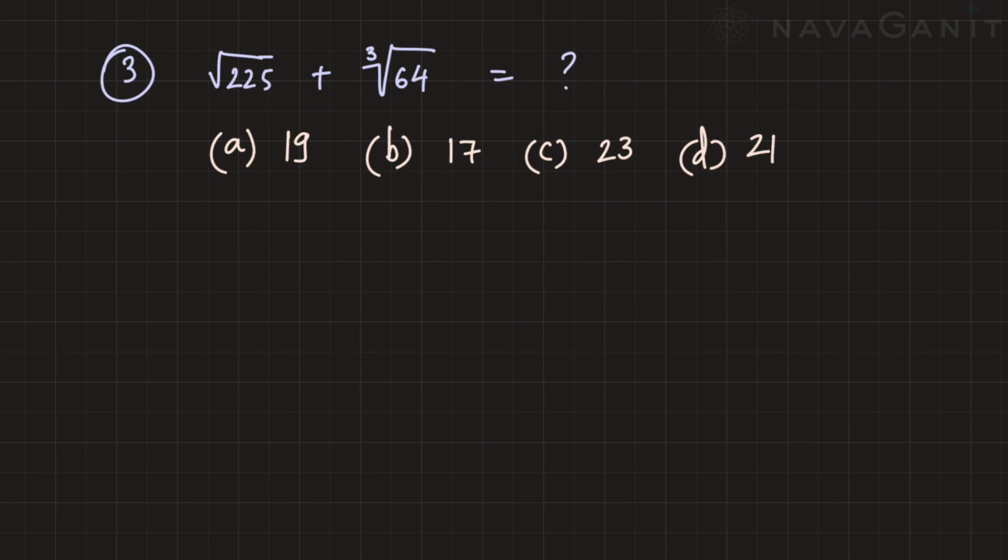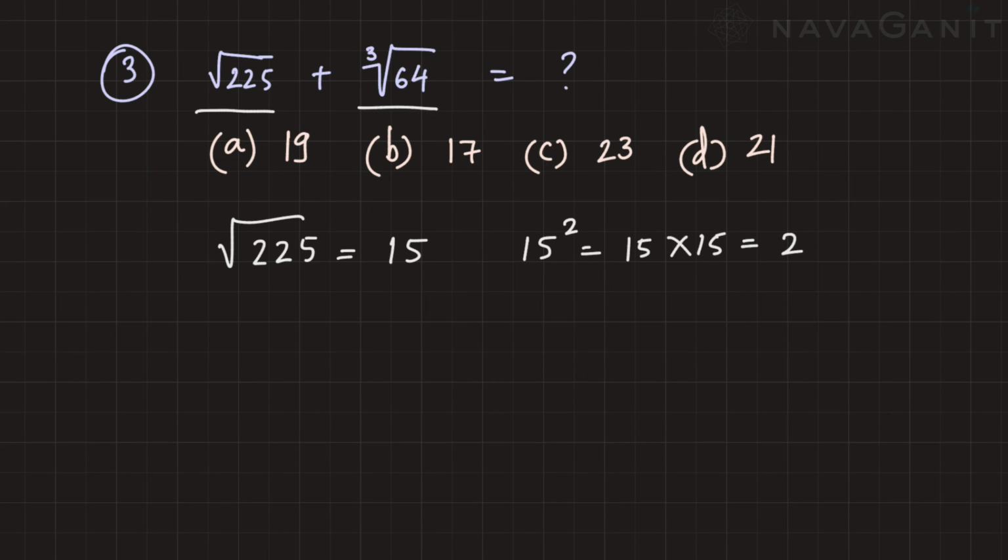Next, we have a very simple problem. We need to find the value of the square root of 225 added to the cube root of 64. So first of all, what is the square root of 225? This is nothing but 15, because 15 squared, that is 15 multiplied by 15, would be 225.